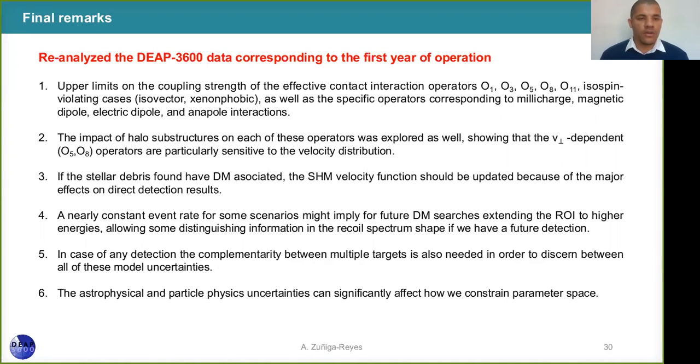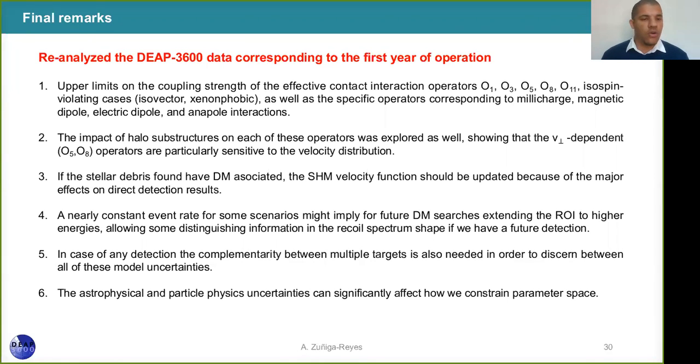In the case that these stellar debris that have been found have dark matter associated with them, the standard halo model velocity distribution should be updated because of the major effect that they could have on the direct detection results.